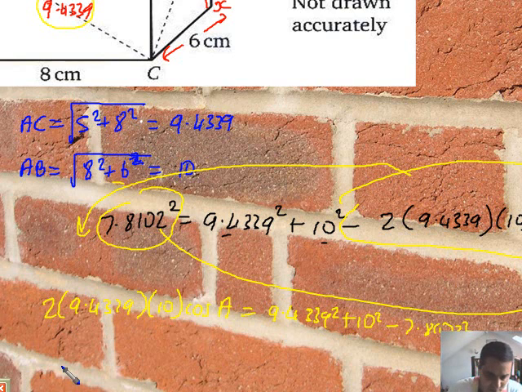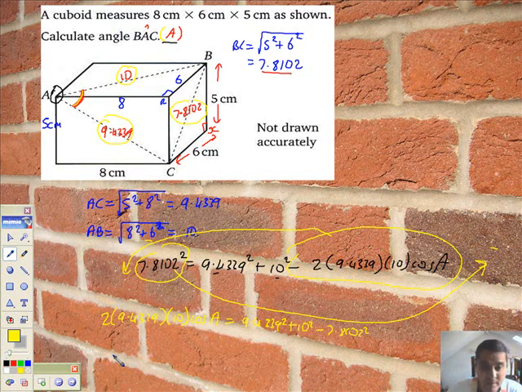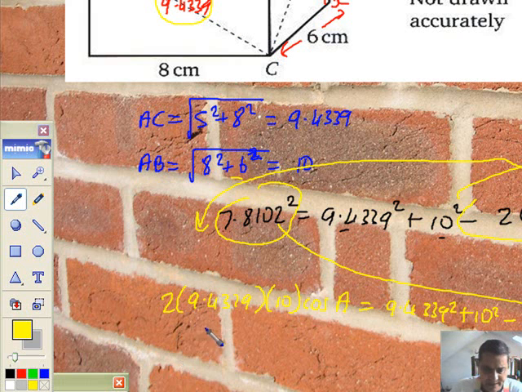Let's just work out all these bits and pieces. So 2 times 9.4339, of course, times 10 gives us 188.678 cos of the angle that we want, and that equals this side here.